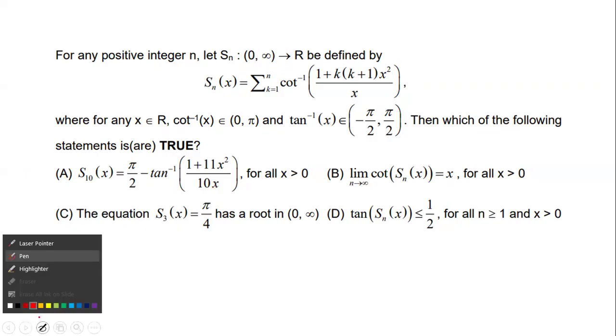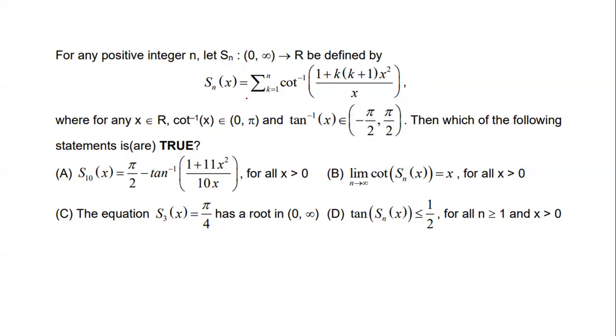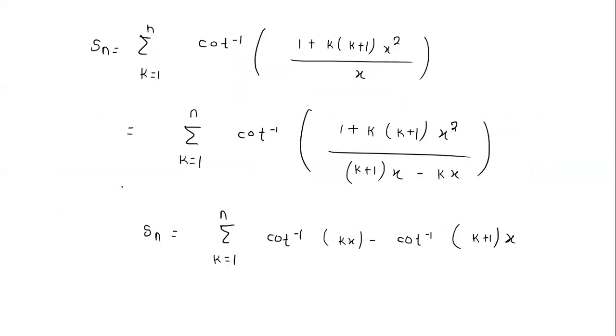So first of all, we have been given this thing, so let's simplify this. We have this summation in which the numerator is 1 plus k times (k plus 1) x square, and the denominator is x. So what you can do, you can write this x as (k plus 1) times x minus kx, and now this is the formula, same as cot inverse of kx minus cot inverse of (k plus 1) times x.